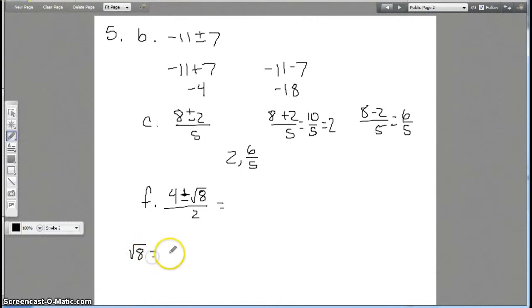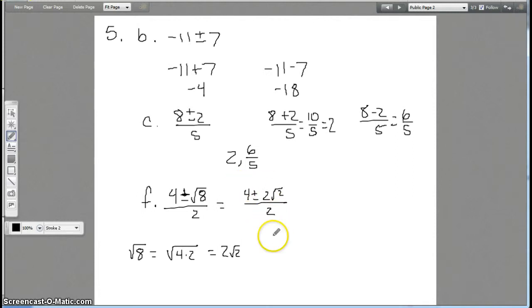Square root 8 has a square factor, which is 4. So we can rewrite square root 8 as the square root of 4 times 2. We can pull the 4 out. When we take the square root of 4, we get 2. And then there's still a 2 left behind inside the square root. So I'm going to rewrite this fraction as 4 plus or minus 2 square root 2 all over 2.